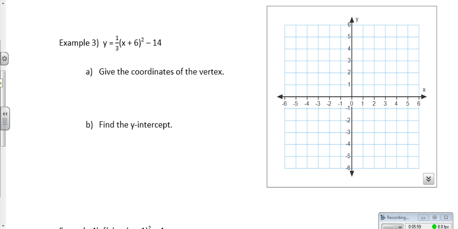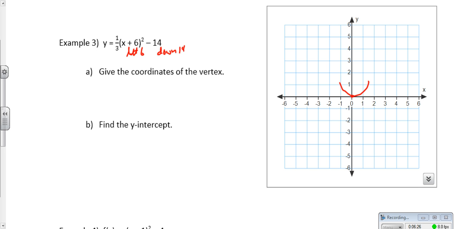Alright, now why do they call it vertex form? Well, if you notice, when you look at this and you say, alright, I'm going to translate, now the parent function is here. That's the vertex of the parent function. Okay. Now I'm going to shift that parent function to the left 6 units and down 14.